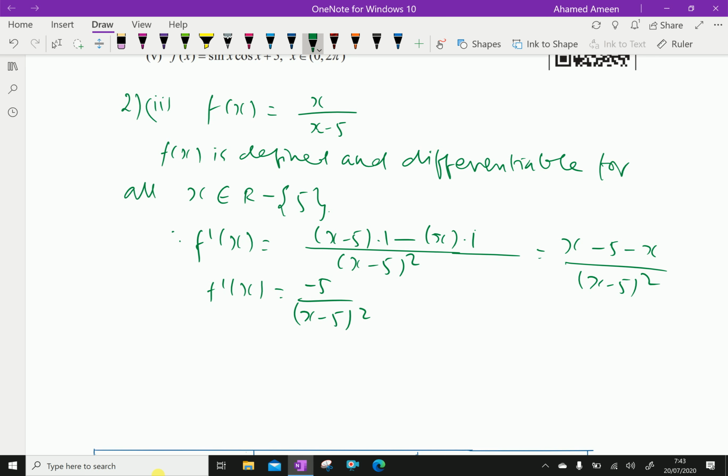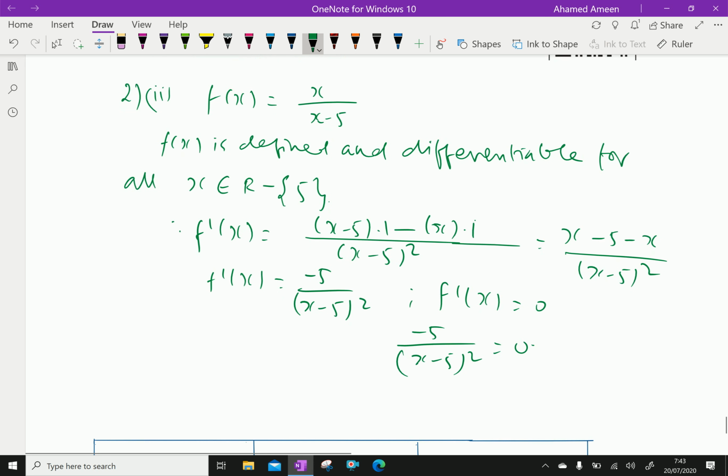And we have to equate f dash of x to 0, which gives minus 5 over x minus 5 square equals 0. That means minus 5 is equal to 0 times x minus 5 square, which is not possible.